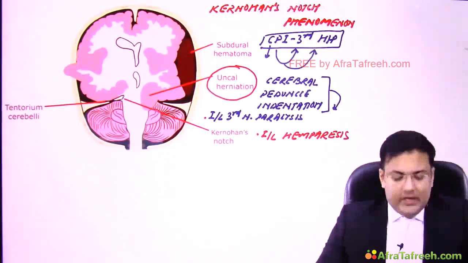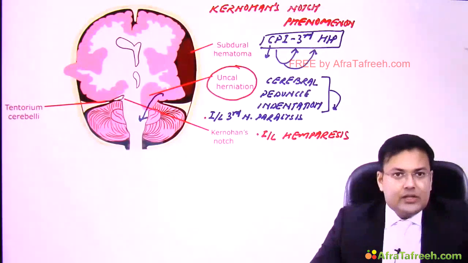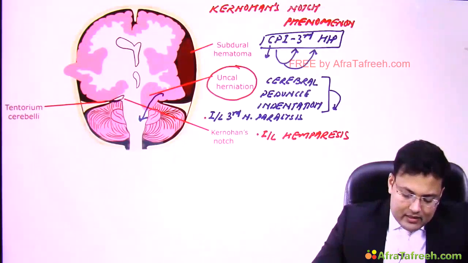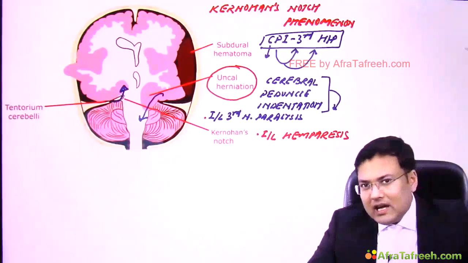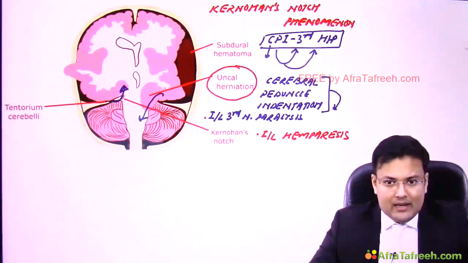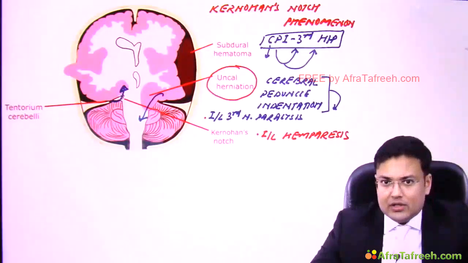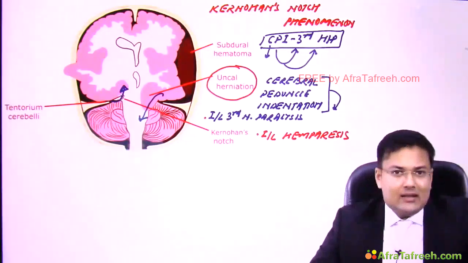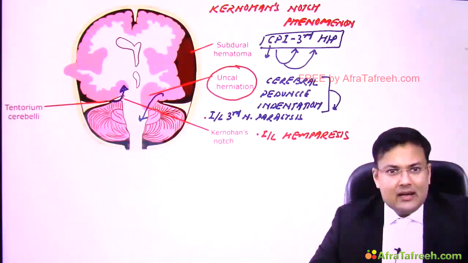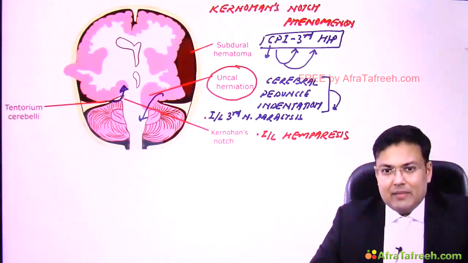So in uncal or transtentorial herniation, there is indentation of the contralateral cerebral peduncle against the free edge of tentorium, and that's known as Kernohan's notch, and it leads to ipsilateral third nerve paralysis and ipsilateral hemiparesis. Clear?